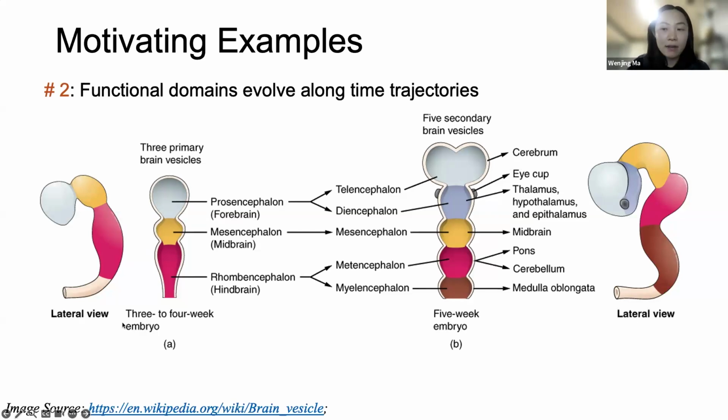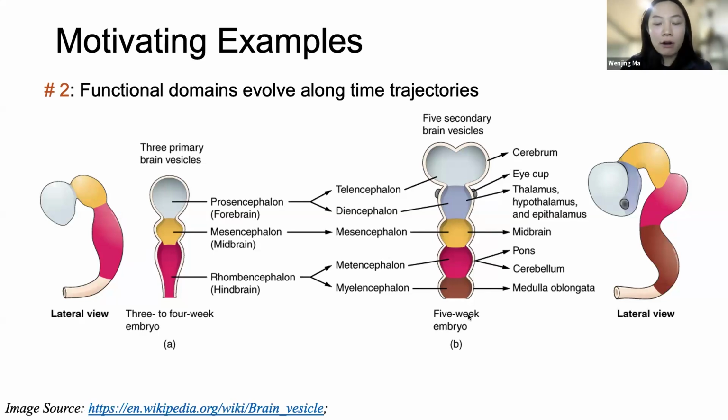This means that certain functional domains evolve along time trajectories, and each functional domain has specific biological functions. So those are our motivating examples and what we want to detect along the time trajectory.